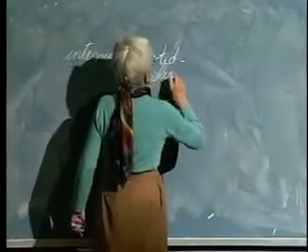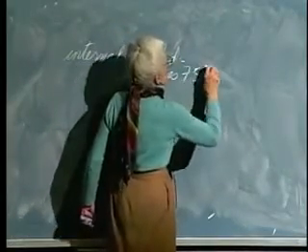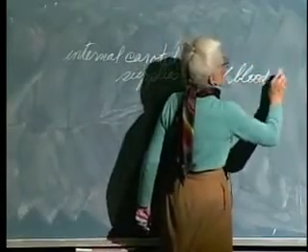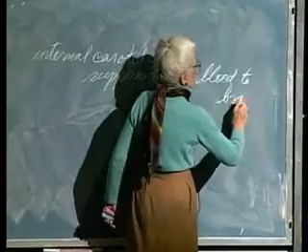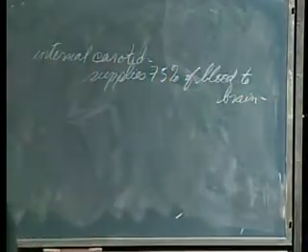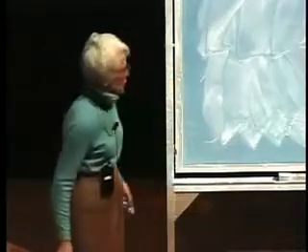Supplies 75% of the blood to the brain. So you see how important, you can see why they're called carotids, which, what did carotid mean? Stupor, right? Press on them. Look at how much blood you stop going to your brain.